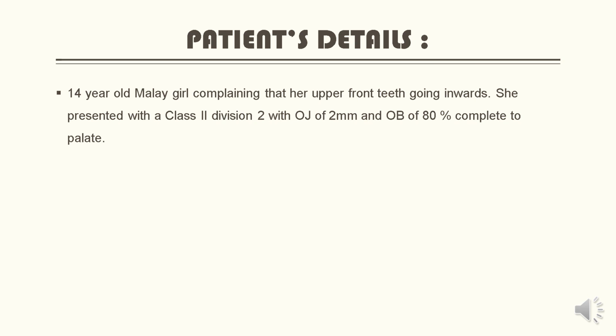From the details, she has a very deep bite, which is 80% complete to the palate, and due to the overbite, it might cause trauma. So we have to further assess intraorally whether this patient has trauma to the palate due to the overbite, and she also has a reduced overjet, which is only 2 mm.